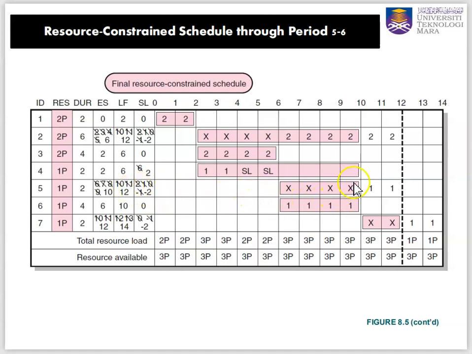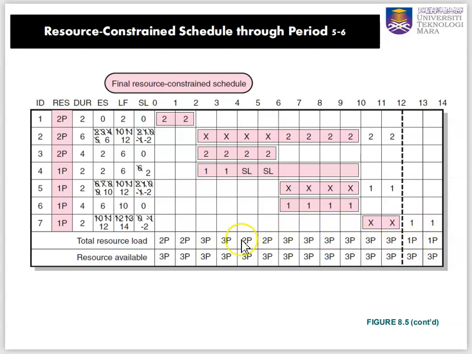Okay, so the earliest start is at the end of day 10 and the earliest finish is at the end of day 12. So it's okay, there's no more extension on the date. Activity 7 can be started at the end of day 12.